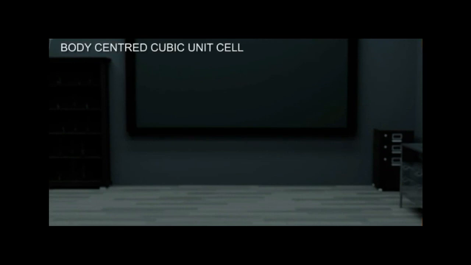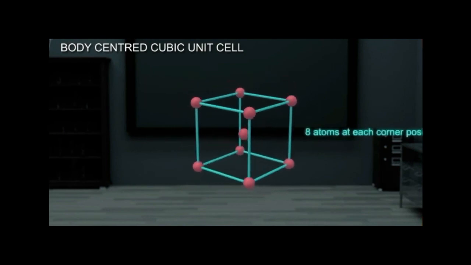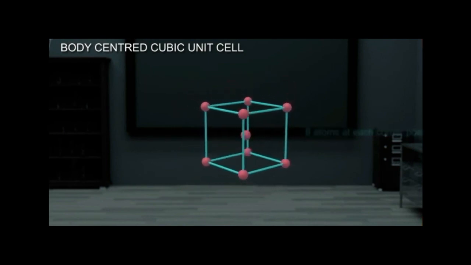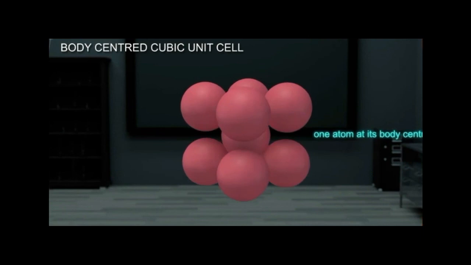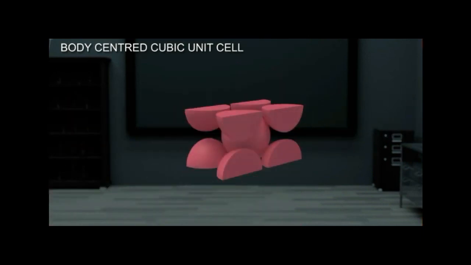Now going on to the body centered. In BCC, or body centered cubic cell, in addition to the 8 corners, and you already know 8 corners means 1/8 into 8 because they are shared by 8 unit cells, you also have one exclusive particle in the center.